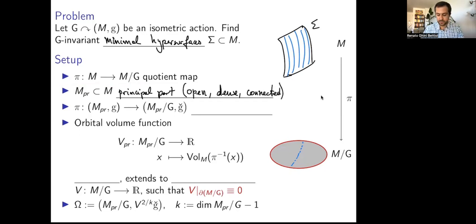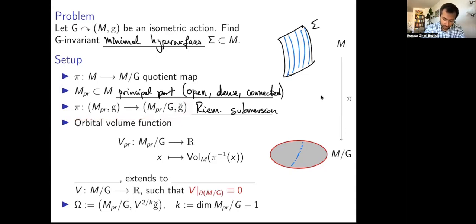And restricted to this open dense subset of the principal points, the projection map is actually a Riemannian submersion. So there is a Riemannian metric here on the principal part of the quotient, such that this quotient map is actually a Riemannian submersion.